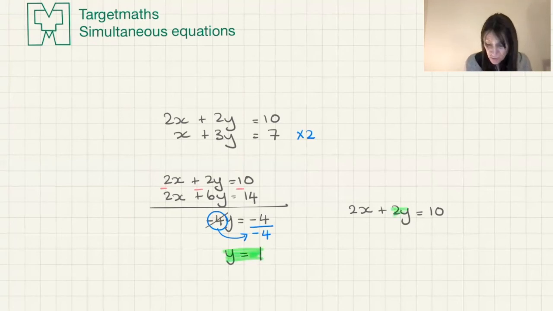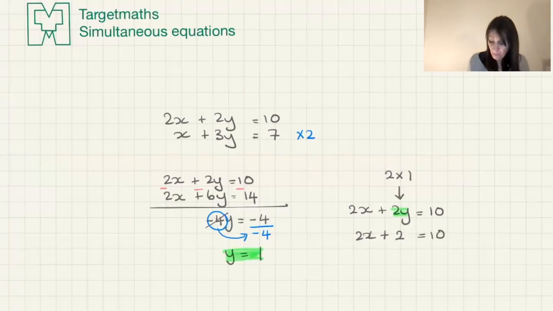I've got 2 times y here. So the number that's going to go in here is going to be 2 times whatever y is, which is 1. 2 times 1 is 2. So 2 is going to replace 2y. I've got my plus, I've got my 2x, and it equals 10.